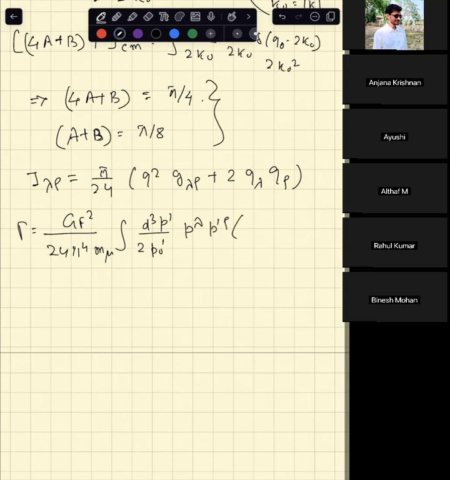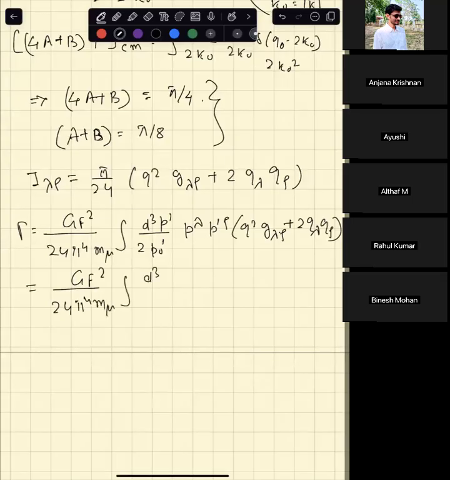So I lambda rho will contain this part, q square g lambda rho plus twice q lambda q rho, and with simplifications this gives you G_F square by 24 pi to the power 4, m mu, d^3q, d^3p prime by twice p naught prime, q square p dot p prime plus twice p dot q p prime dot q.